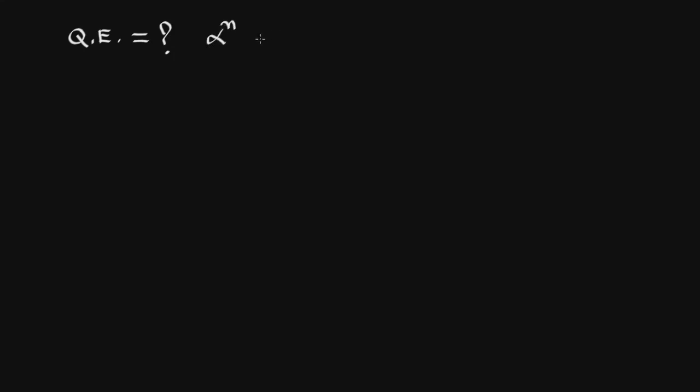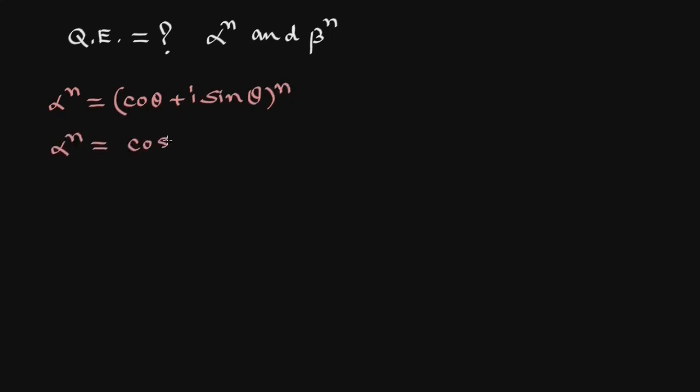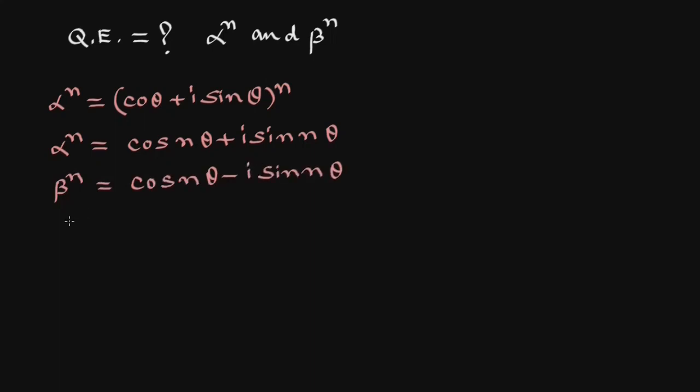Now the quadratic equation that we have to find out, whose roots are given to be alpha raised to n and beta raised to n: alpha raised to n equals cos theta plus i sin theta raised to n, which according to DeMoivre's theorem will be cos n theta plus i sin n theta. Similarly, beta raised to n will be cos n theta minus i sin n theta. Now, sum of roots will be alpha raised to n plus beta raised to n.